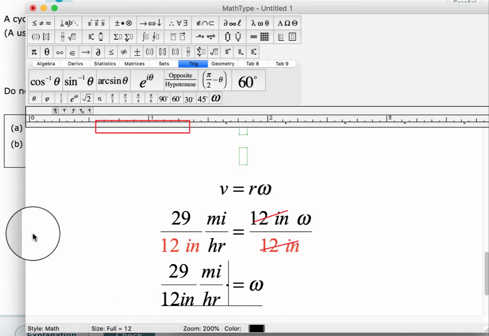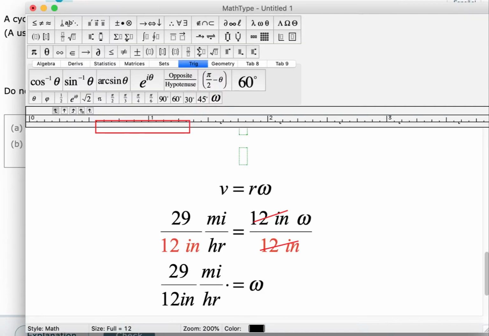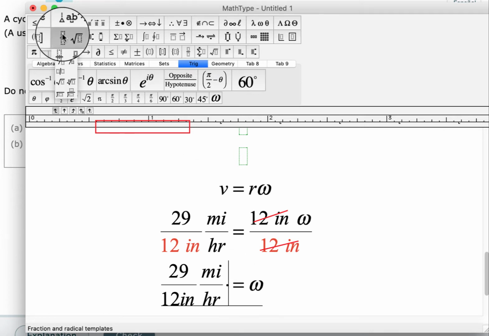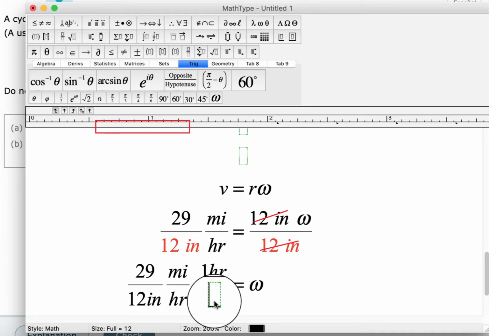So I want it in minutes. There's a relationship between hours and minutes. We know that 1 hour, and notice that I'm writing the hour in the numerator, so it'll cancel with the hour in the denominator, is 60 minutes.